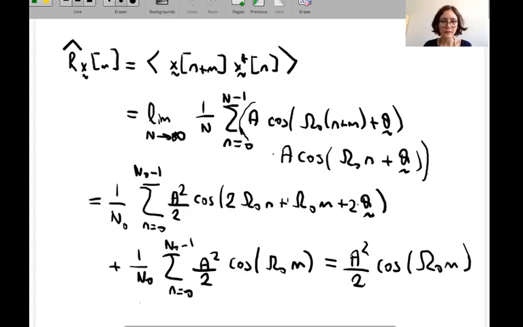So this is equal to the true autocorrelation function Rx of m. So since the autocorrelation function is equal to its time estimate, we conclude that our process is stationary, ergodic in the ACF. We could simply write it as ACF ergodic.